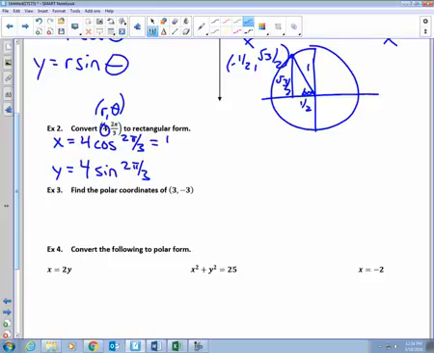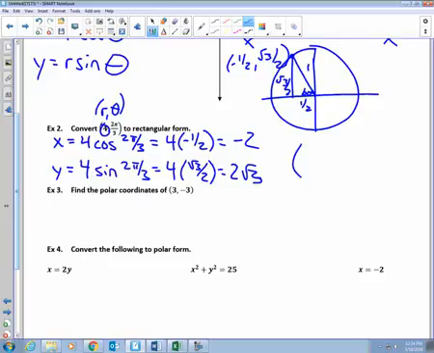Yep, so we got 4 times negative 1/2 is negative 2. And 4 times the root of 3 over 2 is 2 roots of 3. So the rectangular form is negative 2, 2 roots of 3. That will be in the same position as the polar coordinate.